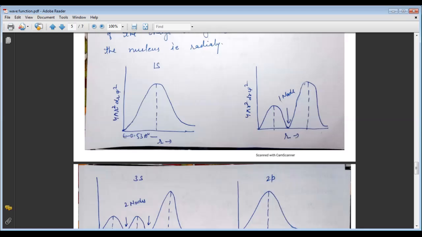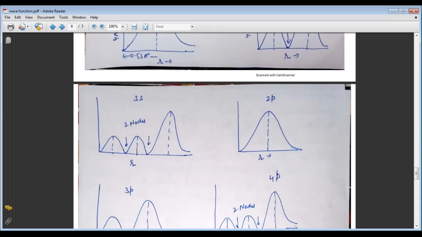Thus the 2s orbital has one node. The 3s orbital has three maxima, so two nodes are present. In general, for any ns orbital there are n maxima and n minus 1 nodes.